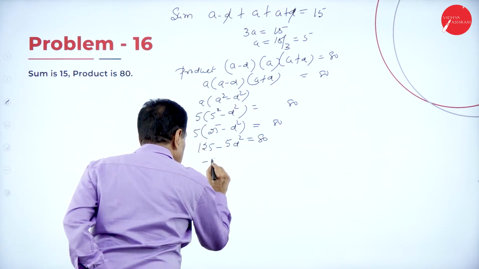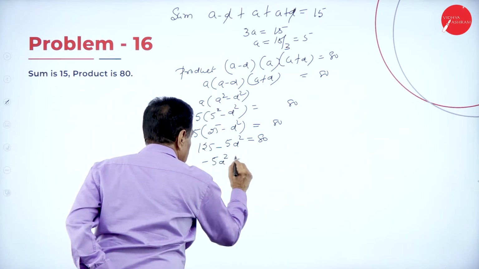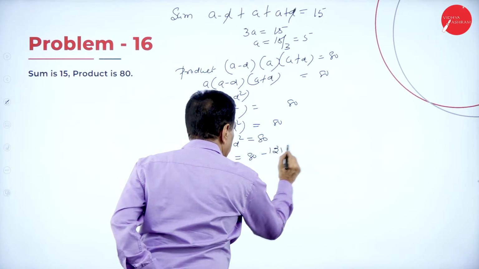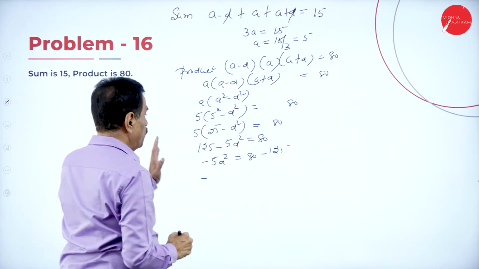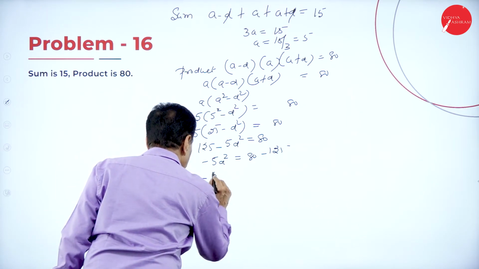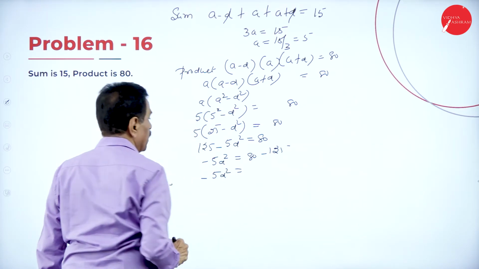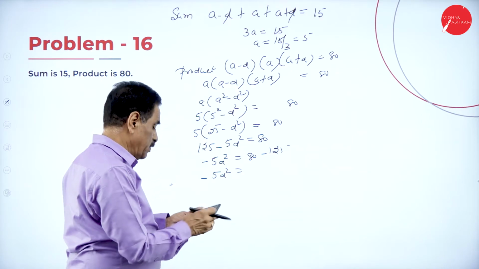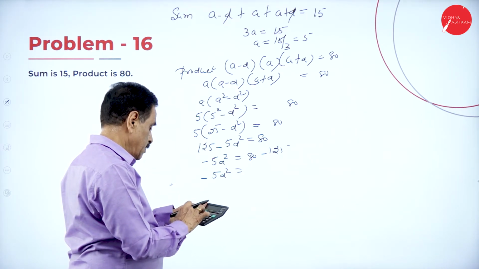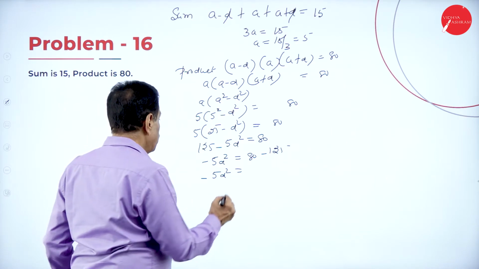Minus 5D square is 80 minus 125. If the plus 125 comes that side, it becomes minus 125. 80 minus 125 is minus 45.